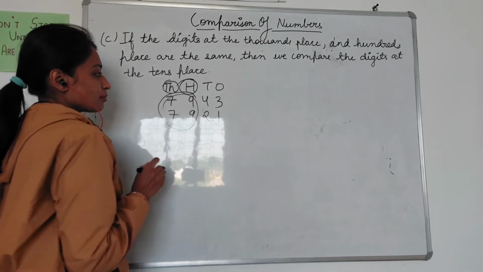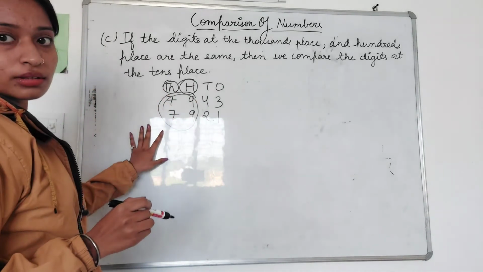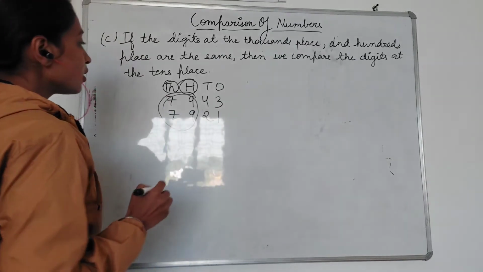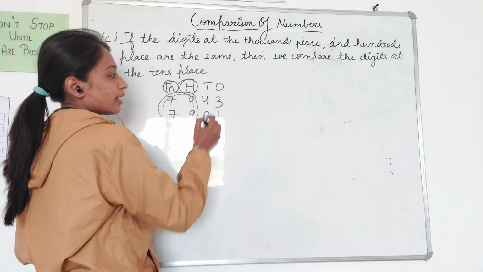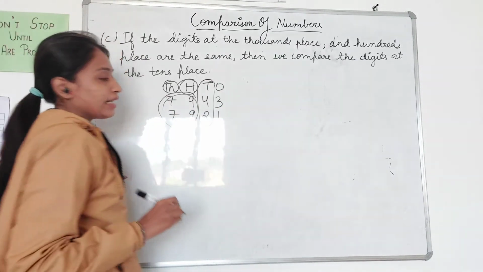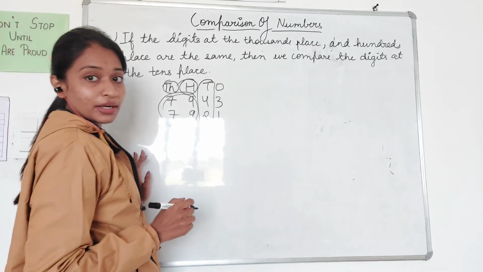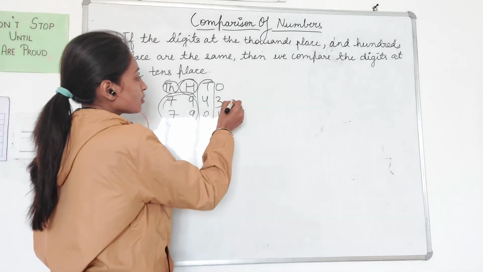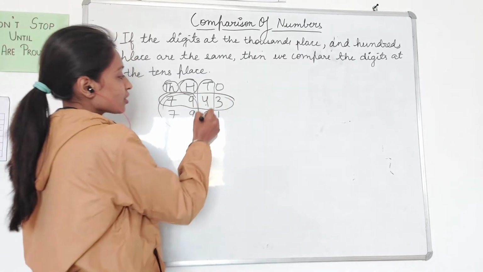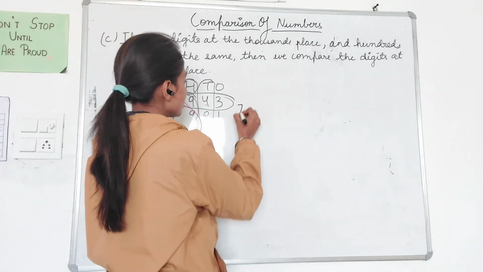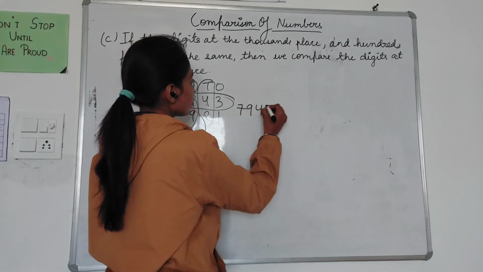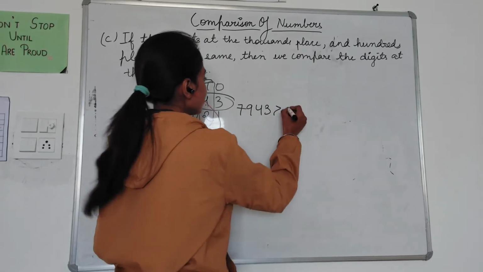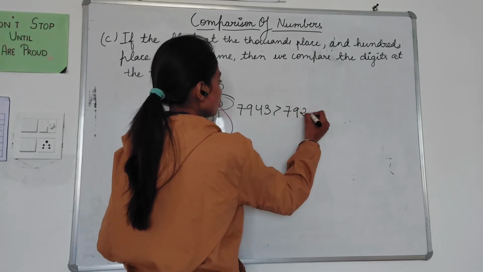These numbers are same. 7 and 9 are both in the numbers. ठीक है? तो we will check the digits at tens place. अब हम check करेंगे कि tens की place पर कौन सा number greater है. Okay? So 4 is greater than 2. So this means 7, 9, 4, 3 is greater than 7, 9, 2, 1.